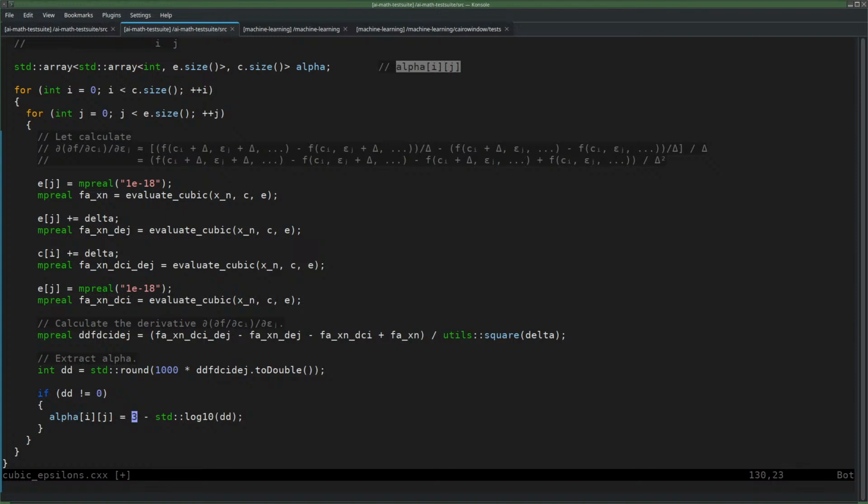Sorry, this is the index of the coefficient. Sorry, it's like this. The index of the coefficient is given by how many powers of 0.1 we detect.